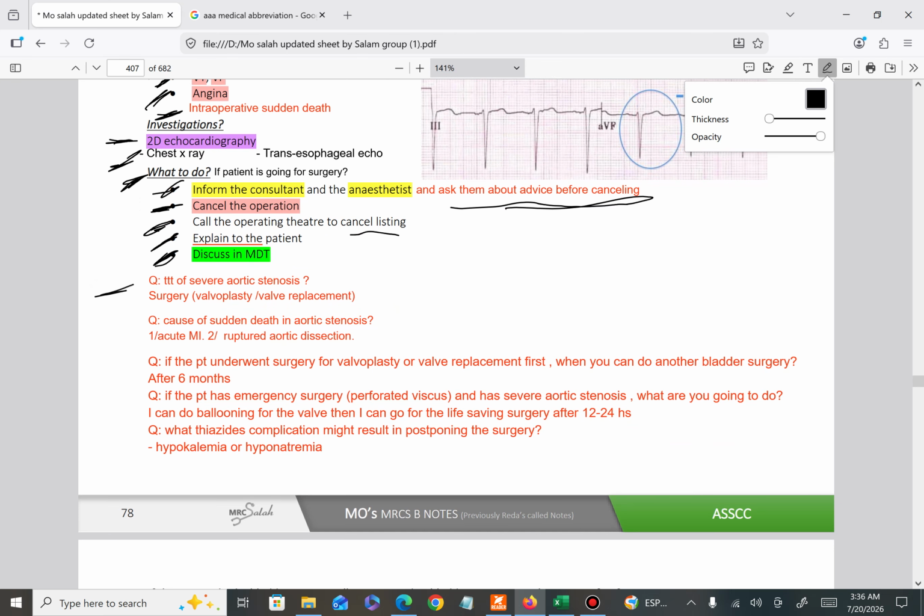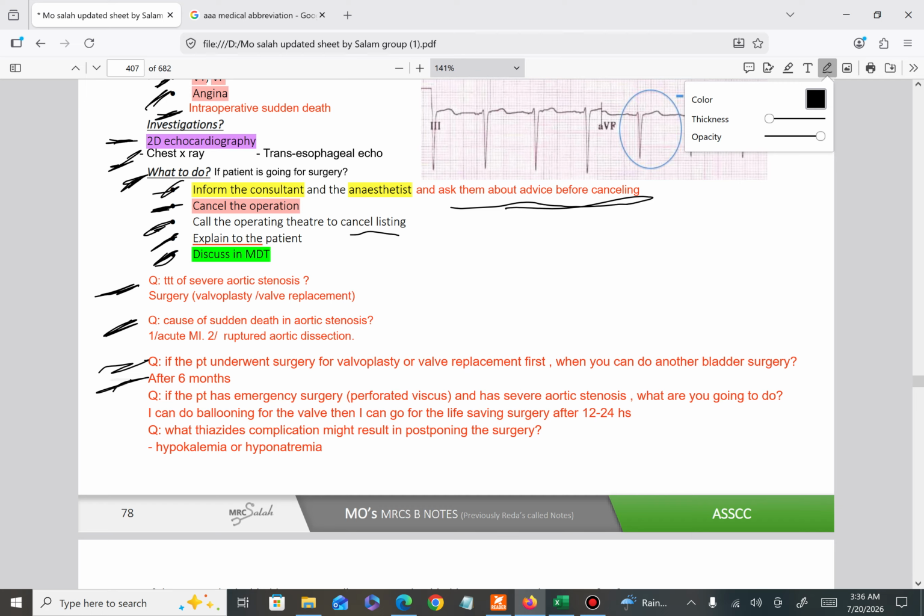The next question is treatment of severe aortic stenosis. It can be surgery, which includes valvuloplasty and valve replacement. Then the cause of sudden death in aortic stenosis can be acute MI and rupture or aortic dissection. If the patient underwent surgery for valvuloplasty or valve replacement, when can you do another surgery like bladder surgery?